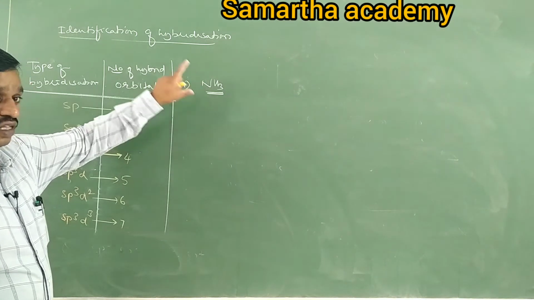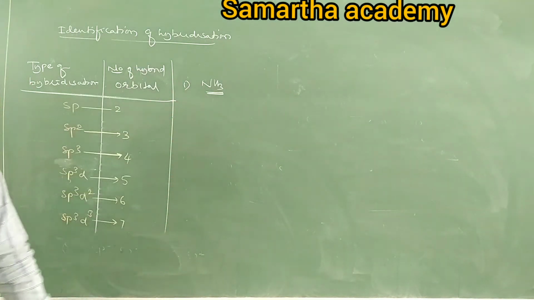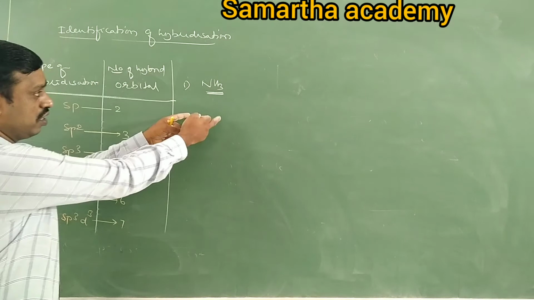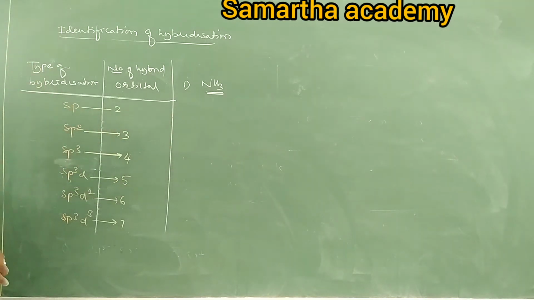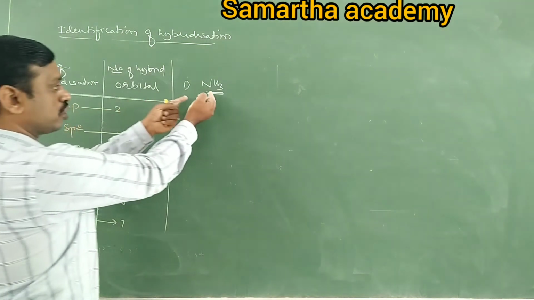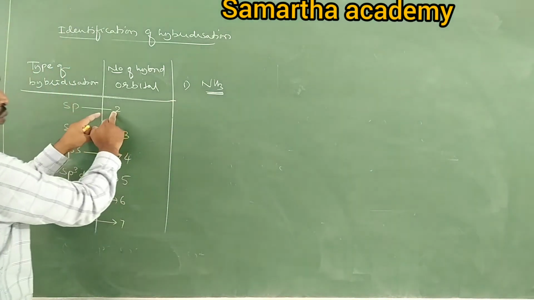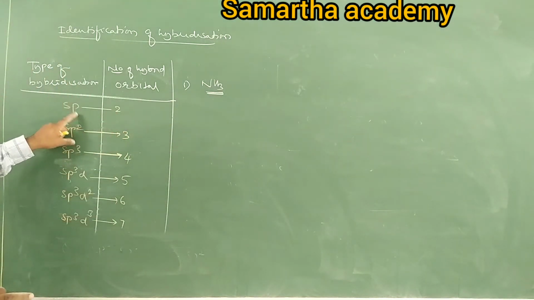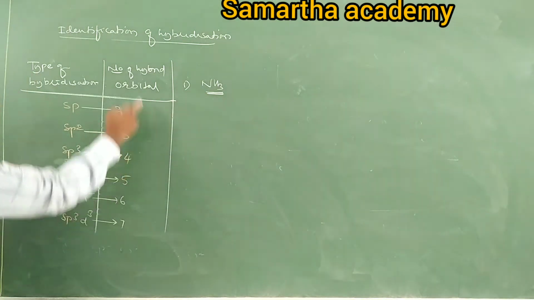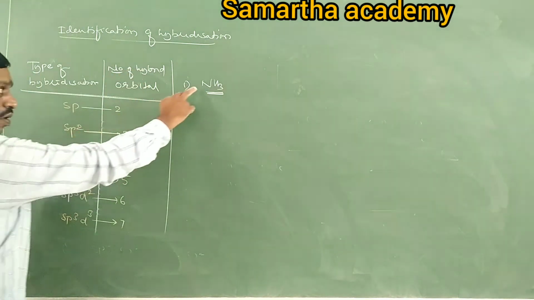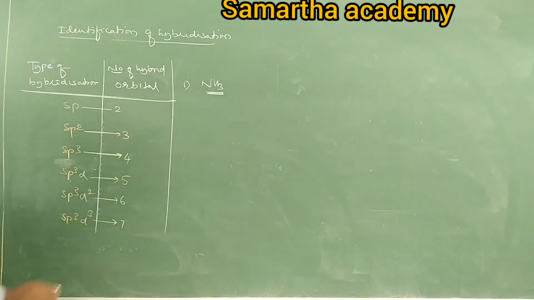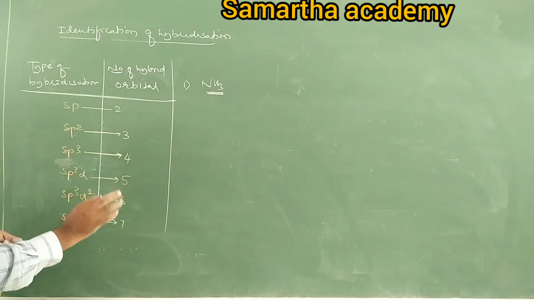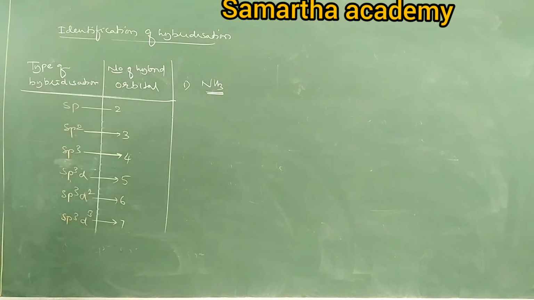We should take the central atom and find how many hybrid orbitals it has. If the number of hybrid orbitals is 2, its hybridization is sp; if 3, sp2; if 4, sp3, like that you can identify hybridization. So it is easy to identify once you know the number of hybrid orbitals, right?